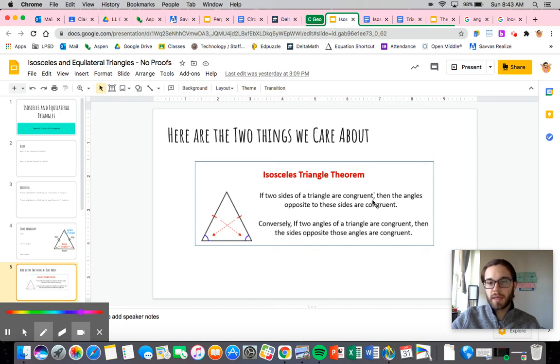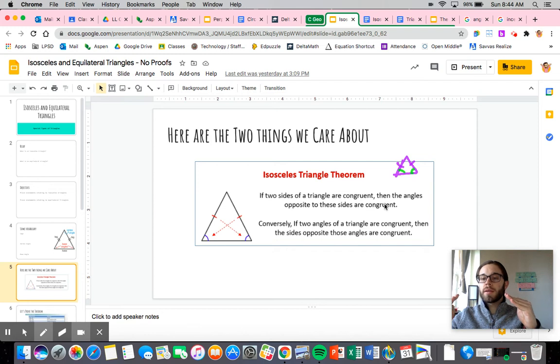So basically, if I have a triangle, and I know that this side and this side are congruent, I can then tell you, doing no extra work, that these two angles are congruent. If I know it's an isosceles triangle, I know the base angles are going to be congruent. This is just saying that base angles are congruent.